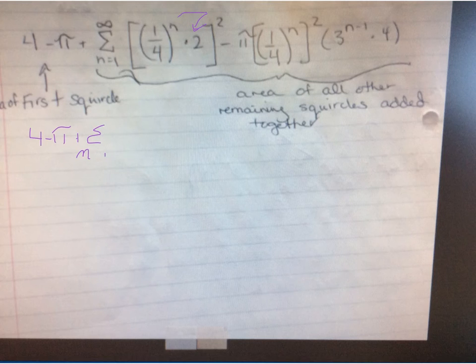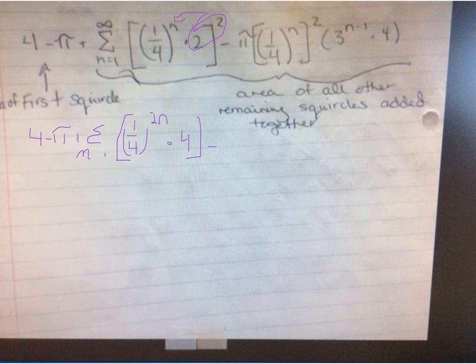So if I put 1/4 to the n and I square it, then it makes it 1/4 to the 2n. You just multiply the exponents there. And if I take 2 to the 2, then that's going to be times 4.